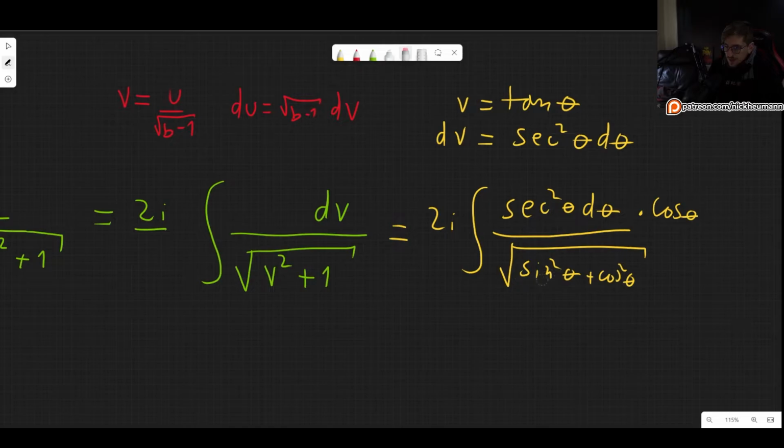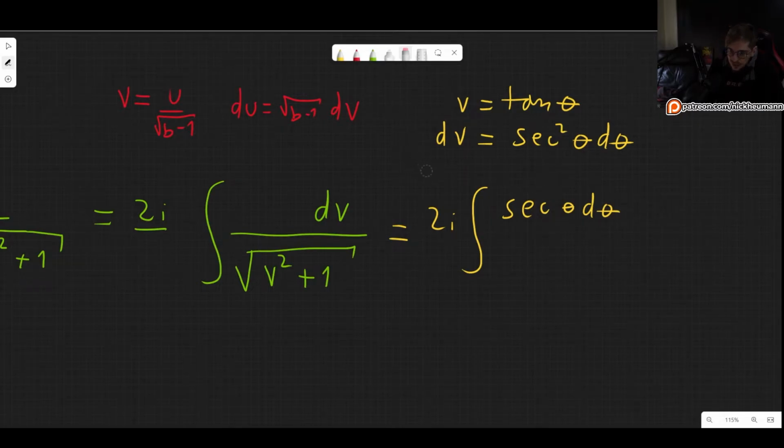And this thing here is 1, so we get rid of it. And here we have secant squared times cosine. Secant is 1 over cosine, so by multiplying with cosine, we lose one of the secants, so we end up with the integral of the secant. Okay, how do we solve this now?